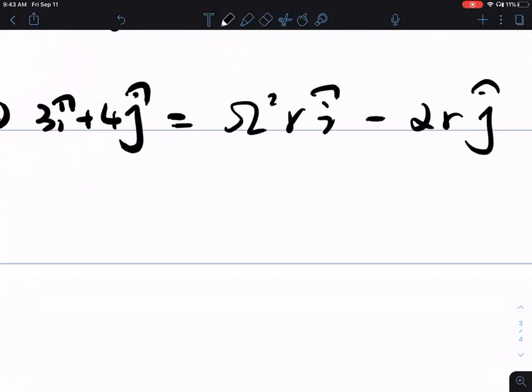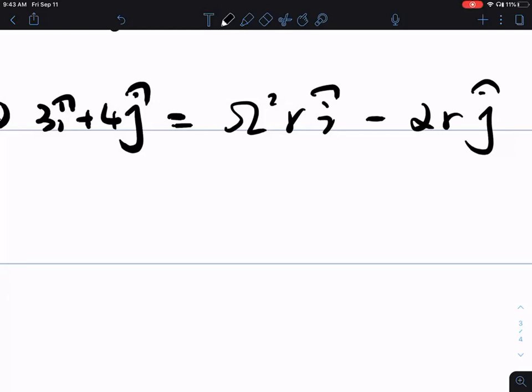How do we solve alpha? This is very similar with the stuff we did in chapter 1. Whenever you have a vector equation, that means on one hand of the equation, you have something I plus something J. Another hand, something I plus something J. And there's an equal sign. What does that mean?